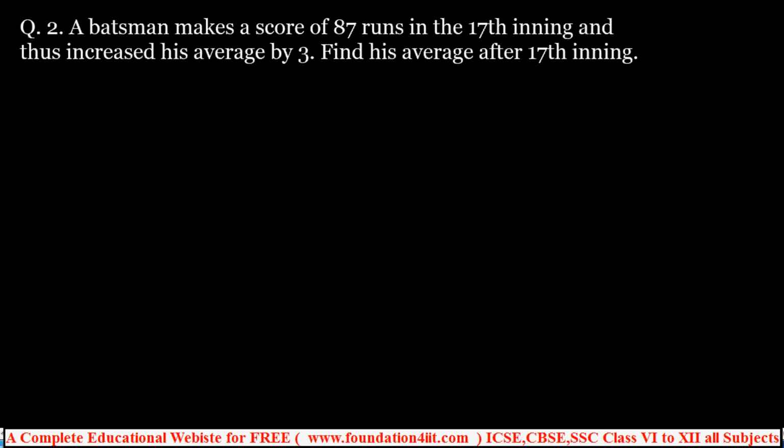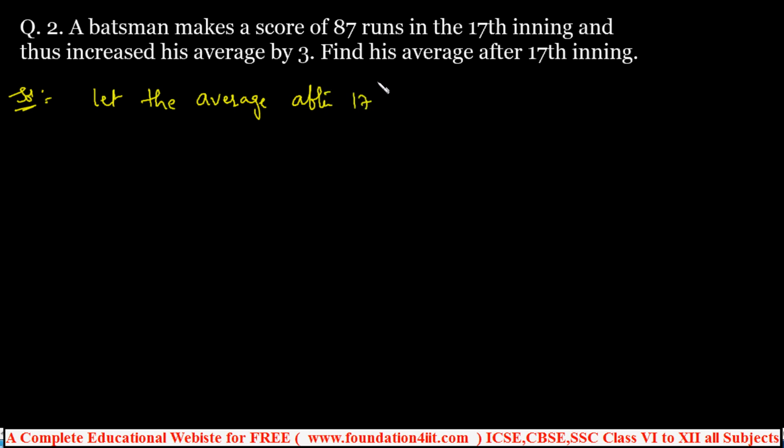Let's see the solution. What you have to find out, let it be x. Let the average after the 17th inning be x. That is the only thing you have to find out.